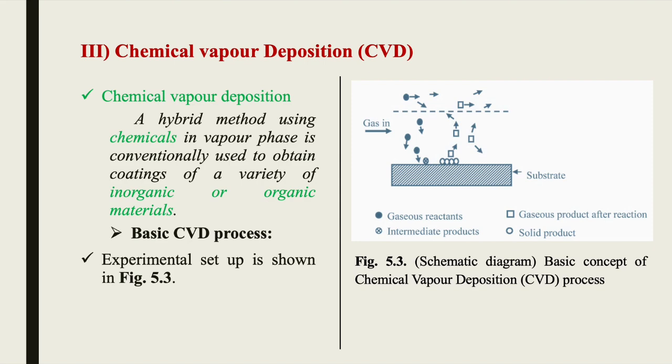Now we will see what the basic chemical vapor deposition processes are. As you can see in figure 5.3, it's given here. The solid dots represent the gaseous reactant, cross dots represent the intermediate product, blank dots represent the solid product, and the square symbol represents the gaseous product after reaction.